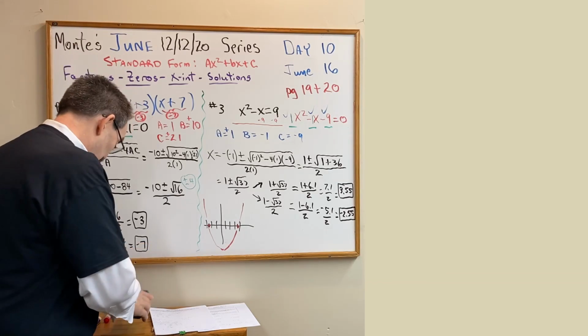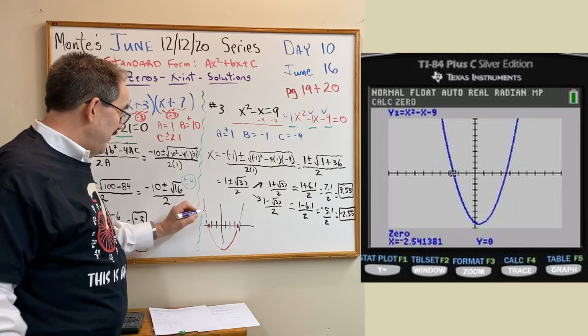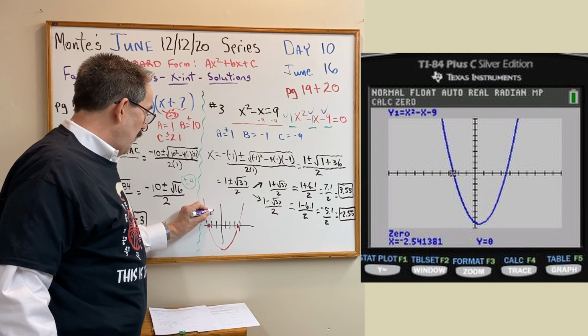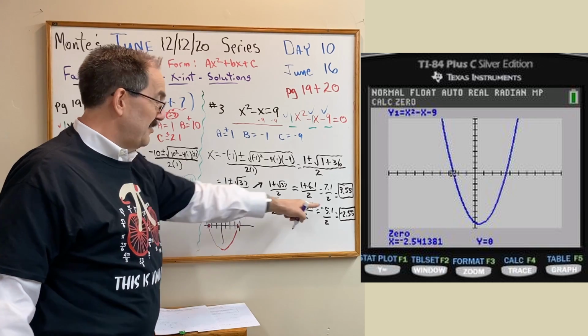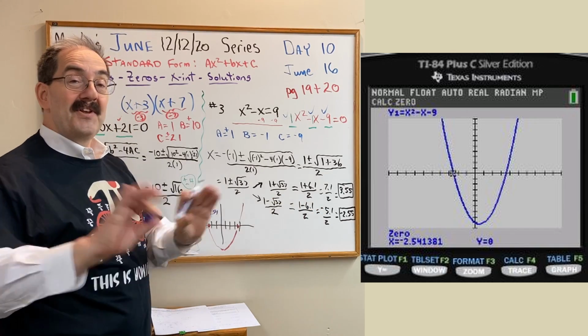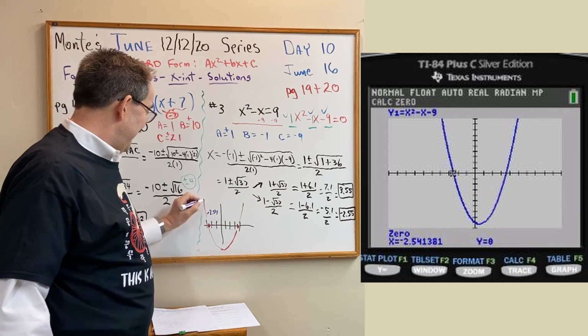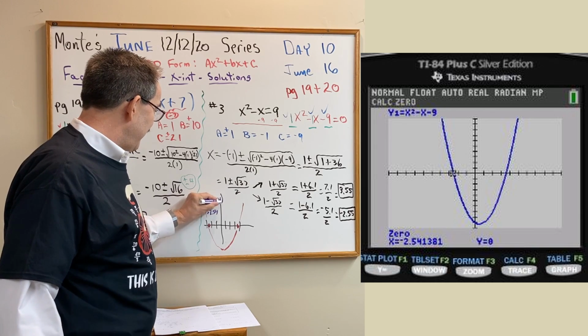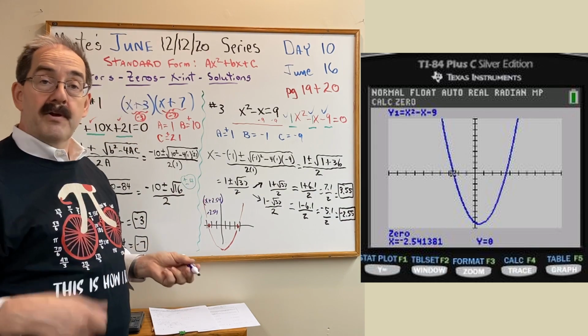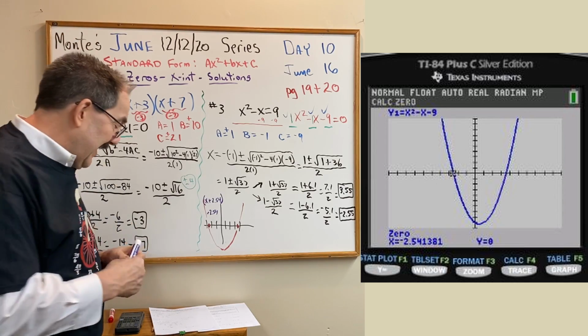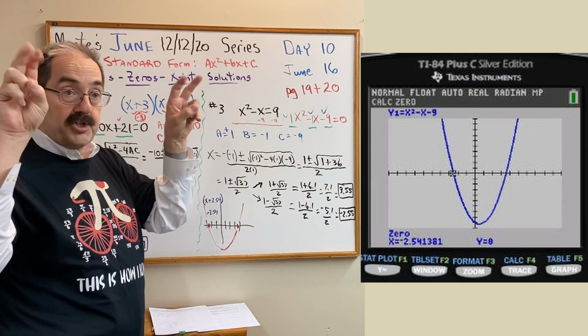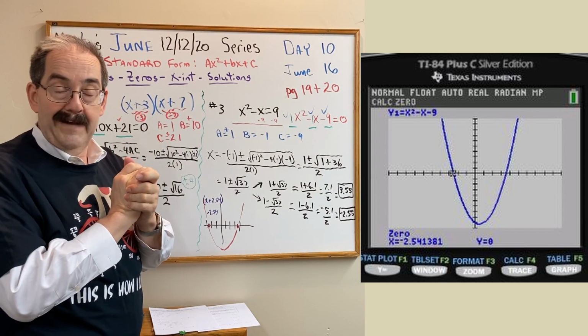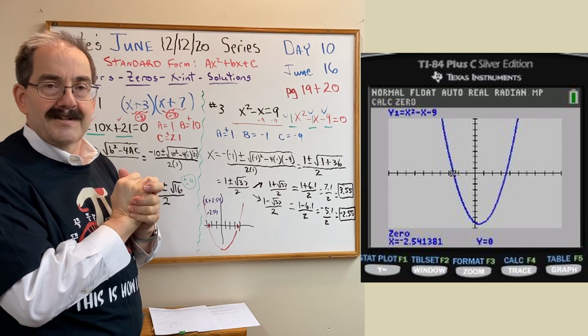Wow. The calculator actually says negative 2.54. Look how good we did without even using a calculator. X plus 2.54. So feel free to use a calculator to do these also. I like to say use a calculator to check your work. Okay? Use all of your tools.